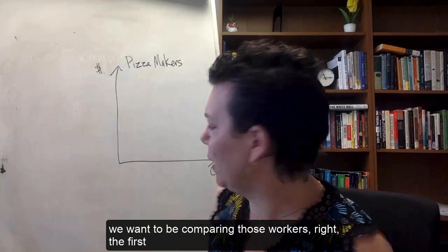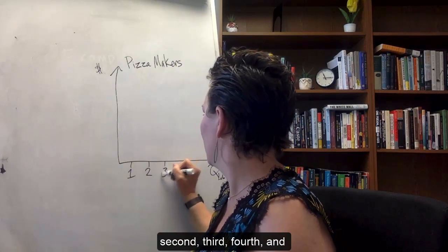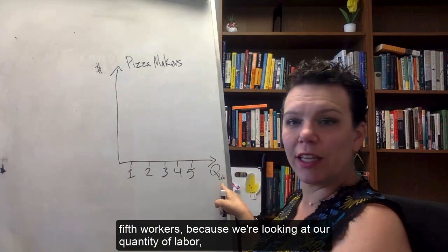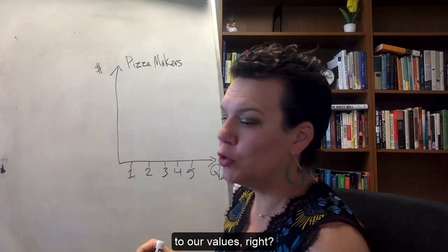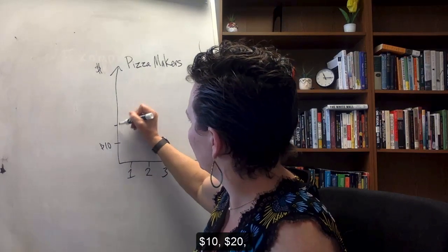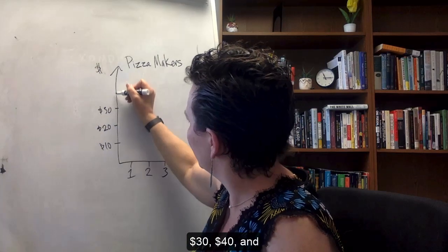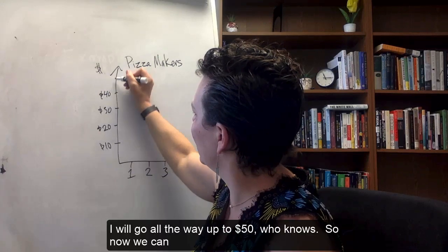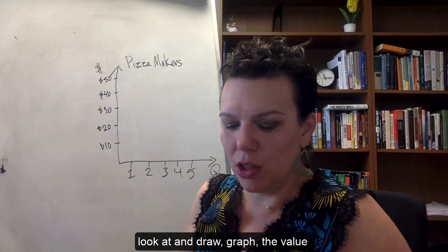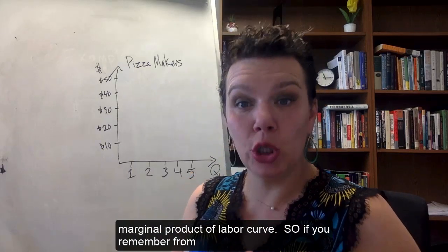We want to be comparing those workers, the first, second, third, fourth, and fifth workers, because we're looking at our quantity of labor, to our values: $10, $20, $30, $40, and I'll even go up to $50. Who knows? So now we can graph the value marginal product of labor curve.